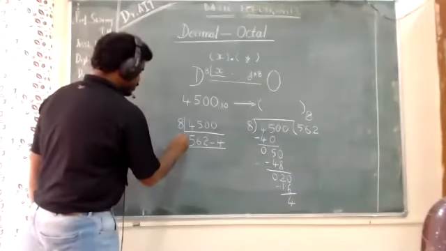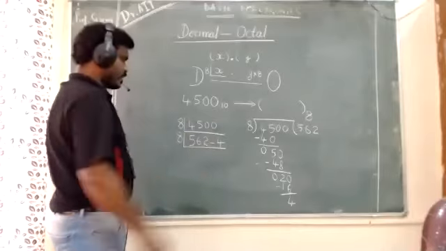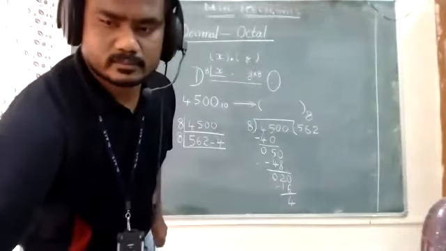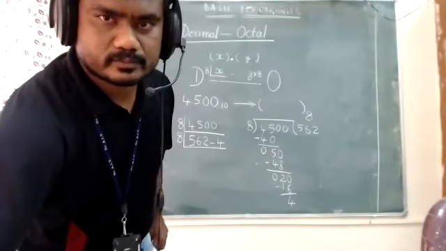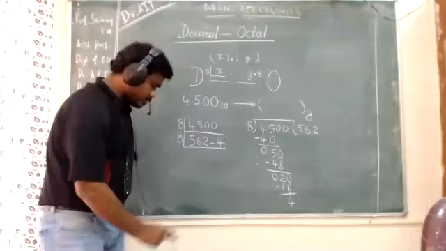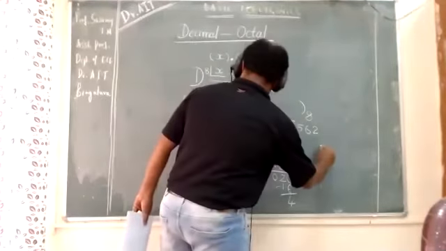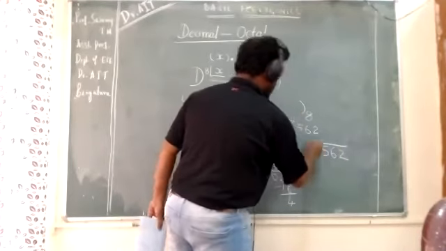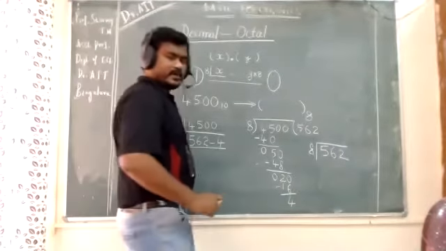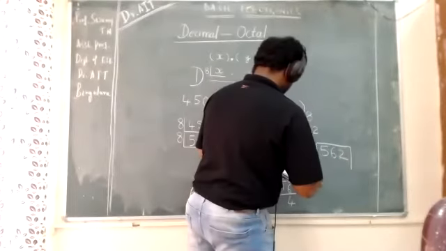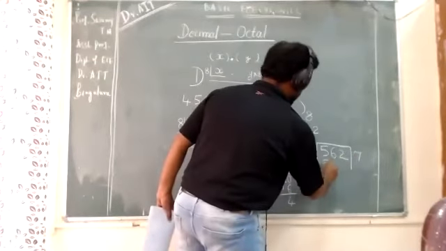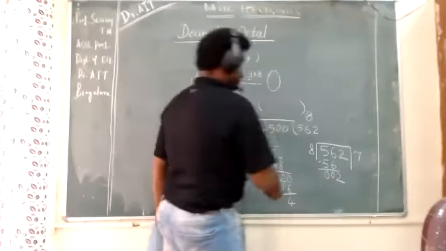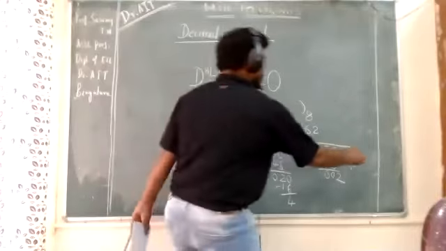Once again, I divide this 562 by 8. So you will get 8 7s are 56, so the difference is 0, and I will put 2 here, and since 2 is much lesser than 8, I will put 0 here.